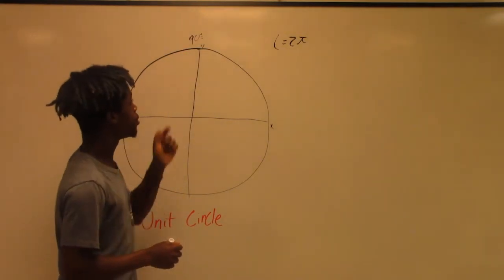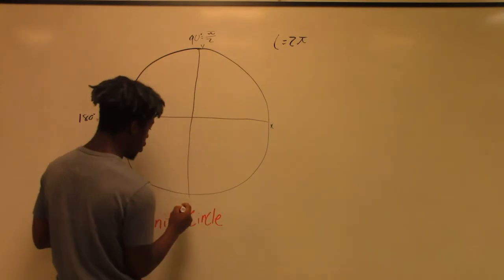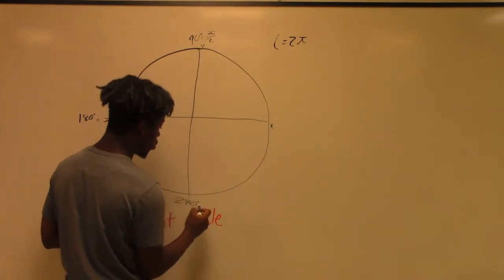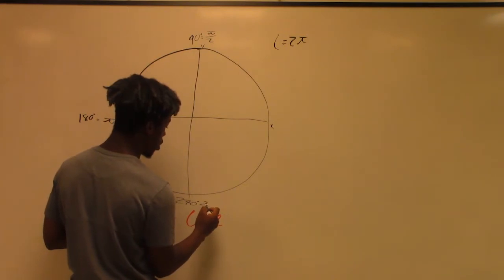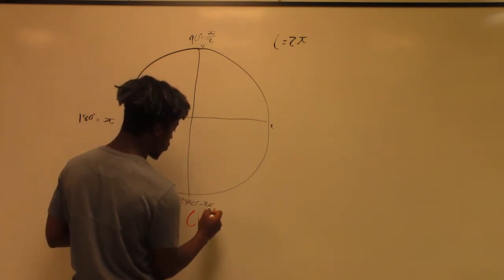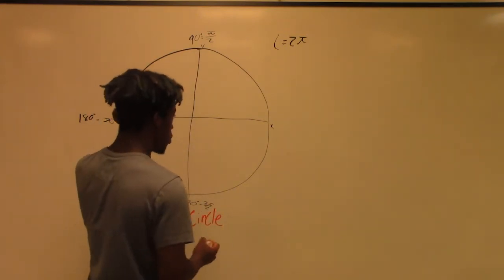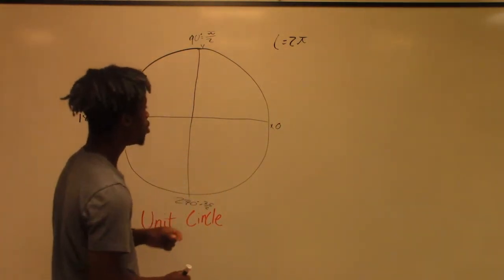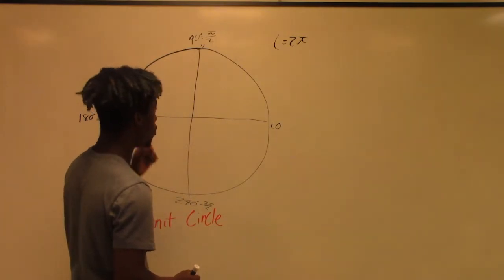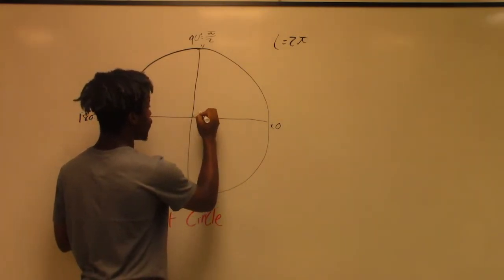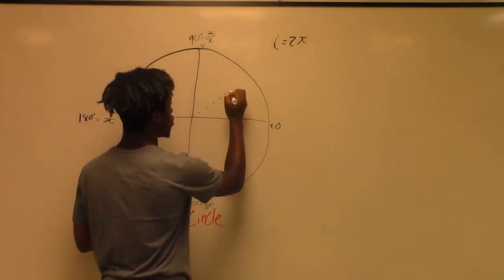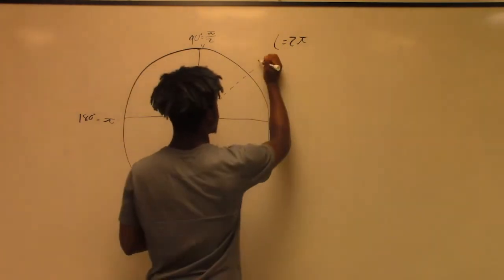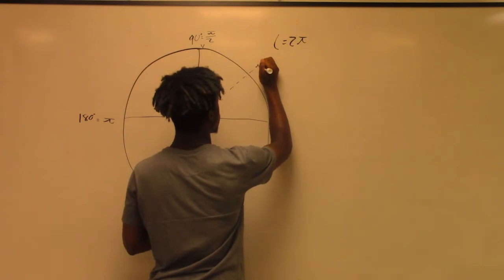At 90 degrees, it would equal pi over 2, and at 270 degrees, it would equal 3 pi over 2, leaving this to be 0. In between 0 and 90 degrees, we can dissect this first quadrant, and that would equal pi over 4.